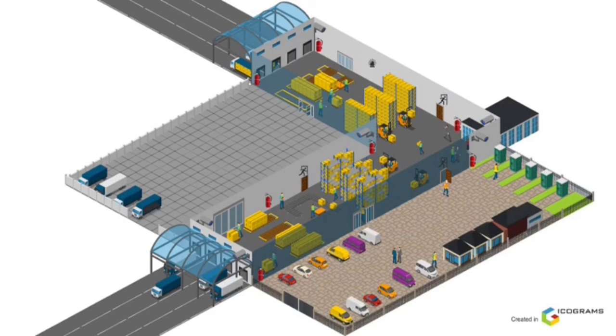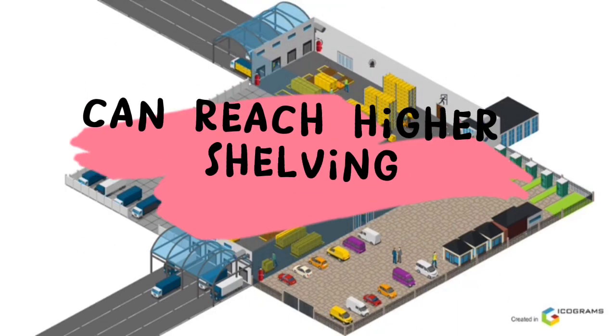Double reach forklifts are meant for rack pallet storage and can load two loads deep for double racking. The forklifts are fitted with outriggers to counterweight the loads, but they are not suitable for extremely heavy loads.